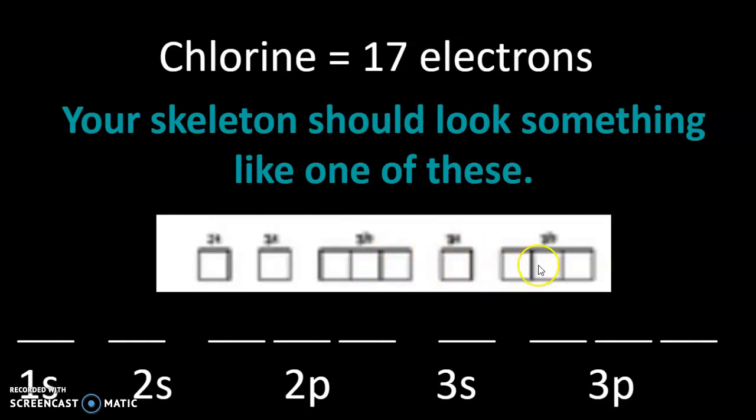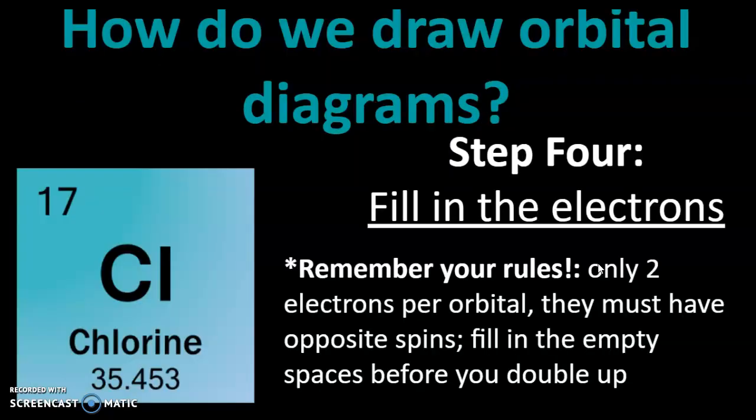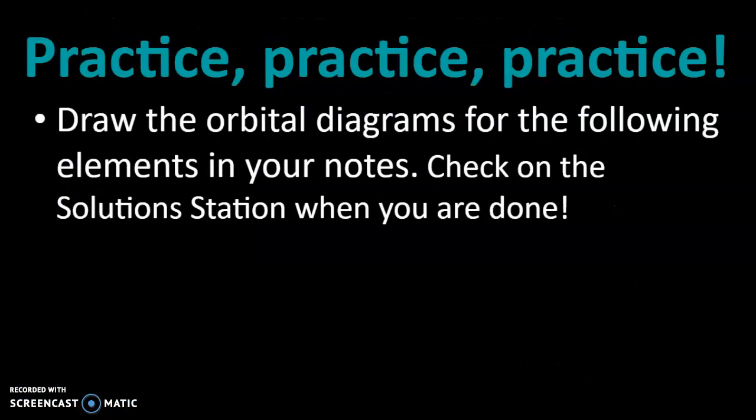Then you have 5 electrons left here, so you go up, up, up, and then down, down. And then this one should be single.